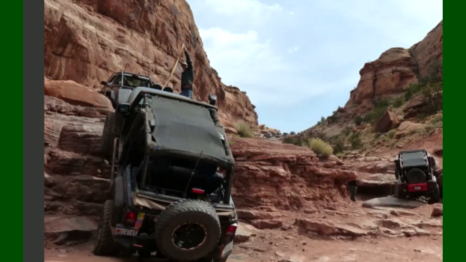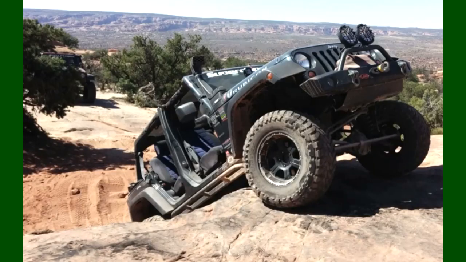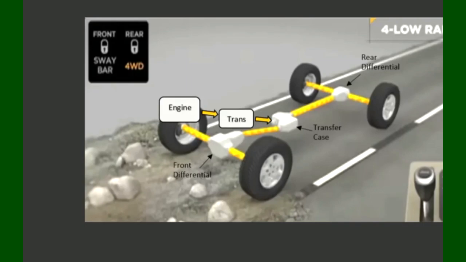And again, that's the Jeep doing its business. And again, the engine, the transfer case, and you hear the rear differential. So it has to go through all of these in order to get to the final number.